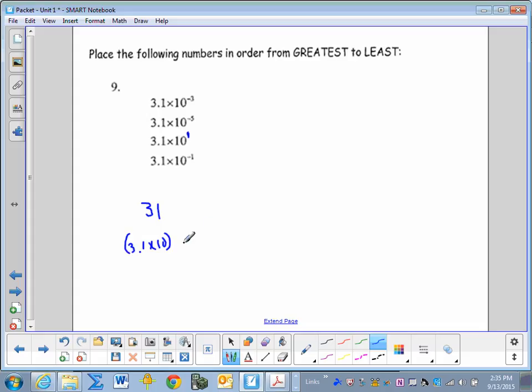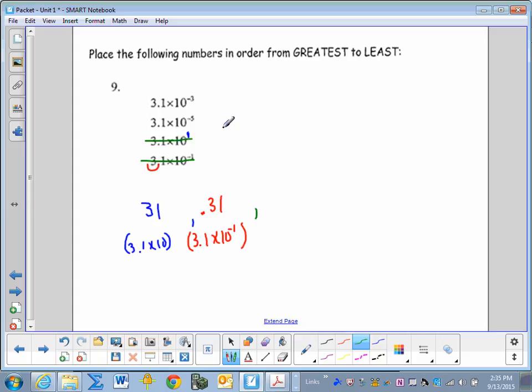And then the next one, from greatest to least, the biggest number next would be negative 1. So we would move the decimal 1 that way. That would be 0.31, and that's the conversion of 3.1 times 10 to the negative 1. Let's look at the next one. So we got that one out, that one out.